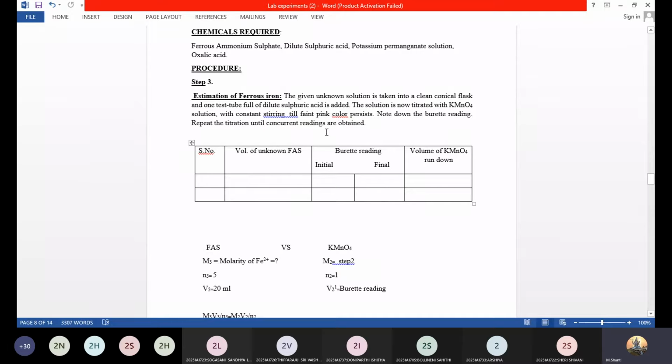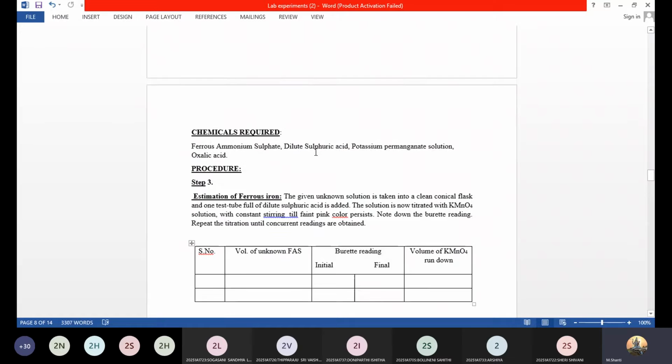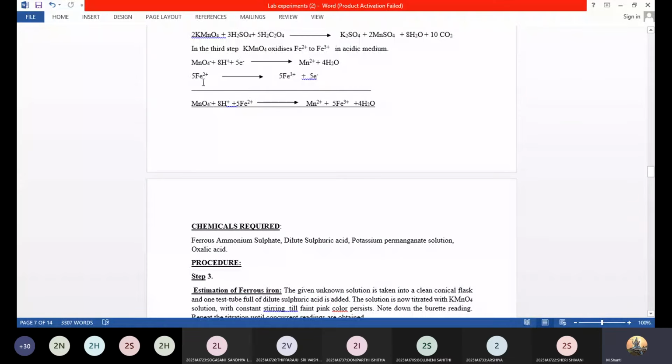Because KMnO4 is a very good oxidizing agent, it oxidizes ferrous to ferric. So as the ferrous is getting oxidized to ferric, once all the ferrous ions are completely oxidized, please follow this point carefully.